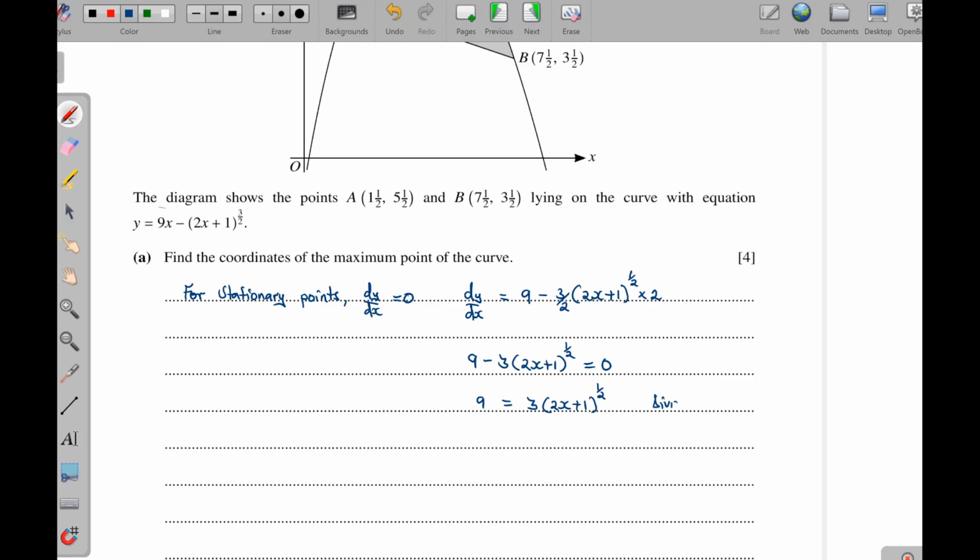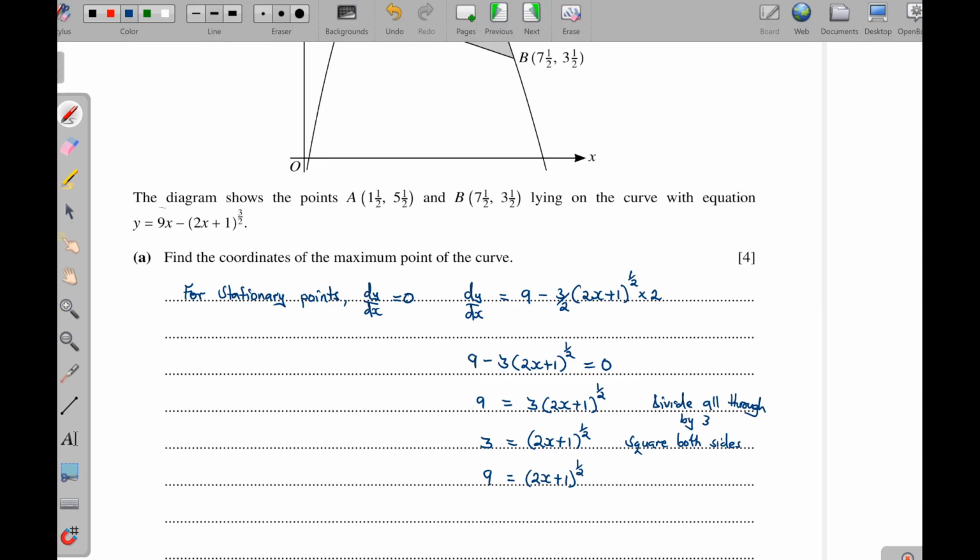Now I can divide all through by 3. That means here I can have 3, and then here 2x plus 1 to the power of a half. And then after here, I square both sides. Remember, I'm looking for x. So square both sides, we shall have a 9 here. And then here you'll have 2x plus 1. Okay?